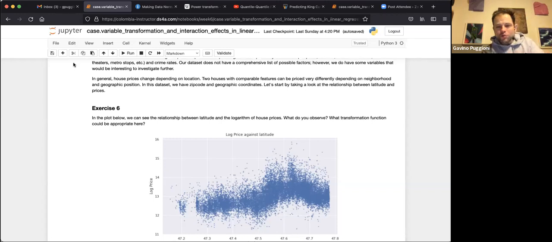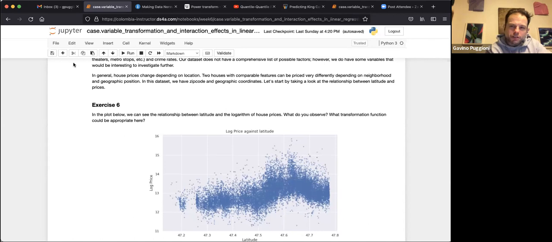So what do we see here? Is it an obvious transformation? It's not very obvious to me. Y cube, sine of x.